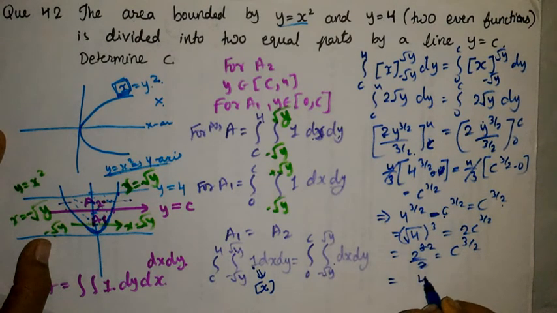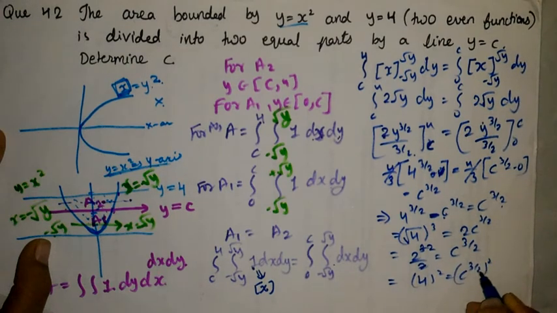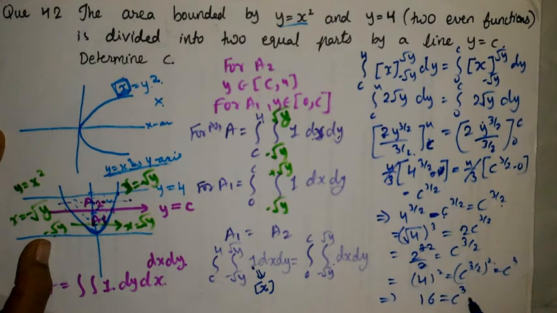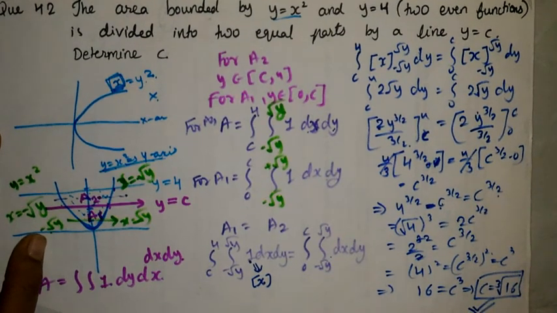So squaring both sides, 4 squared is equal to c raised to 3 by 2 whole squared. So this will be c cubed. This is 4 squared, that implies 16 is equal to c cubed. That implies c is equal to cube root of 16. So we find the value of c is equal to cube root of 16. So this is our answer.